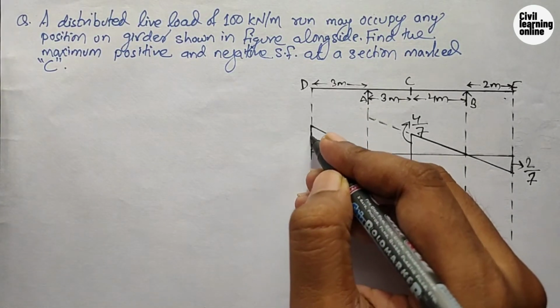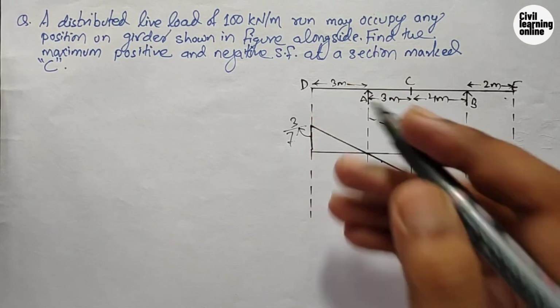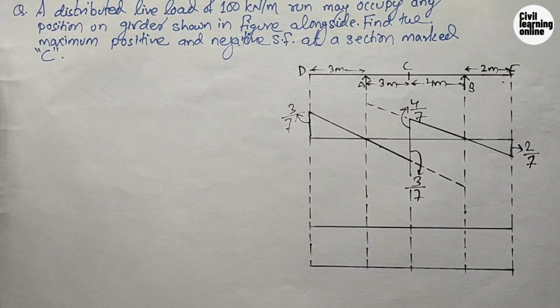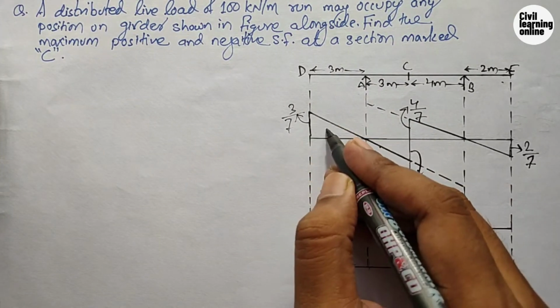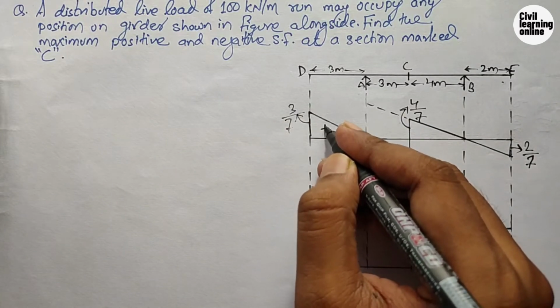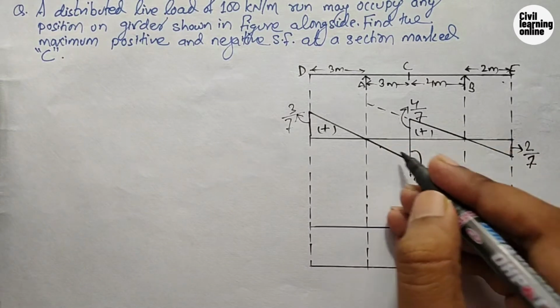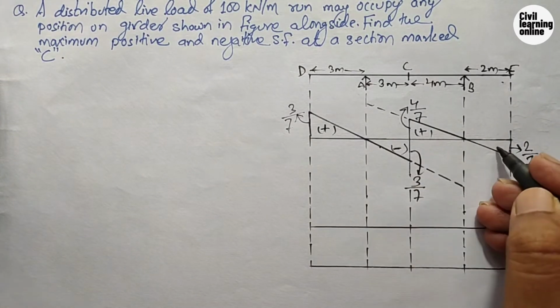Similarly, this ordinate is again going to be 3 upon 7. Now see here guys, these two triangles are upward, so this will take the positive value, and these two are below the beam, so downward of the beam, so it will take the negative value.